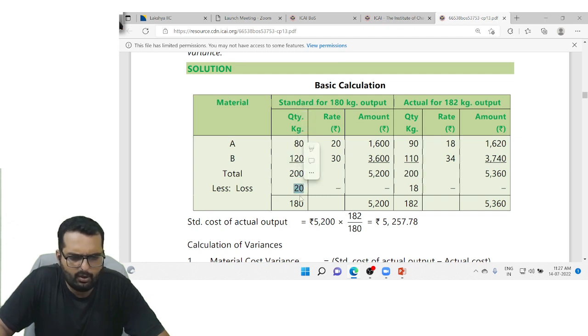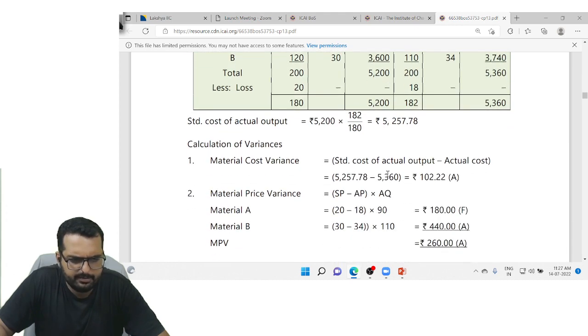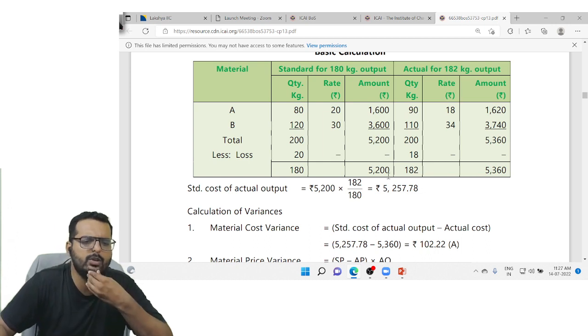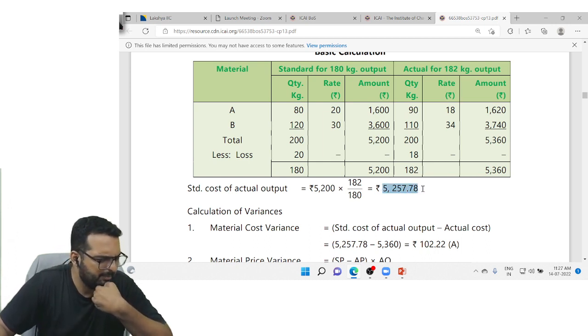Total 200. Loss of 20. All right. They have got actual for 182 is given as 90, 110. They have got 5257. How did they get this? They have taken the total amount of 5200 into 182 divided by, okay, that is the rounding off over here.